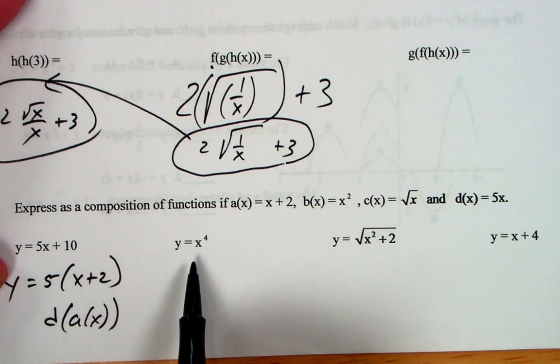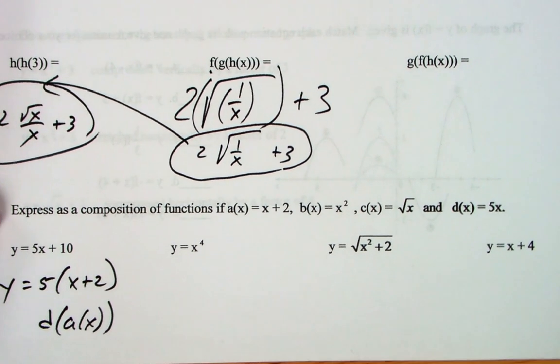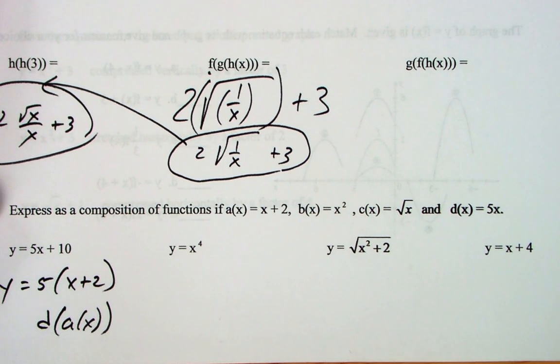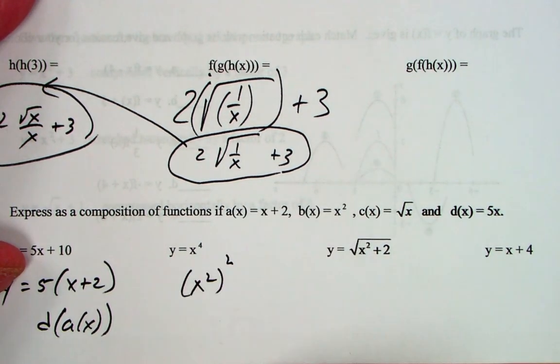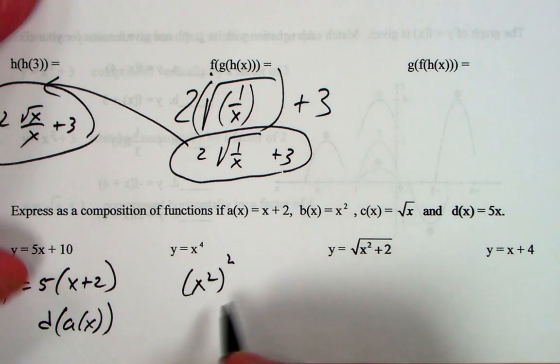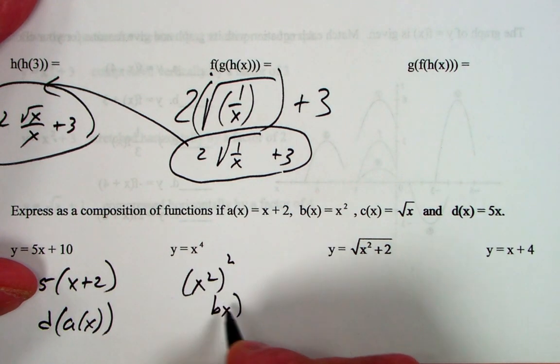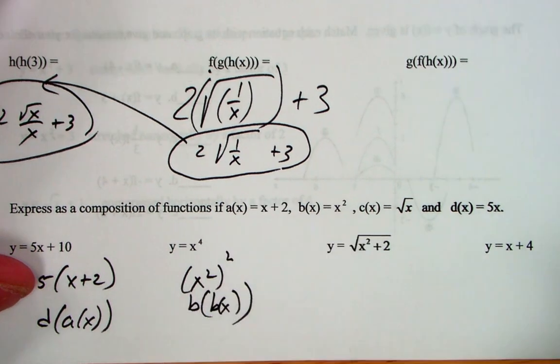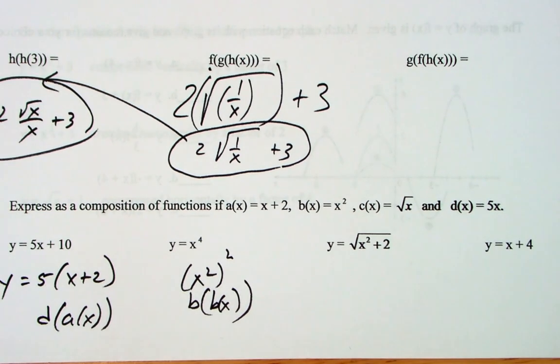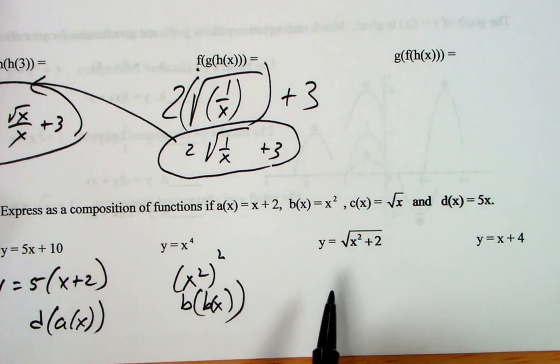How would we rewrite x to the 4th in terms of all this? x squared squared, okay? So x squared is my b of x. And then I'm going to take that and do b again.